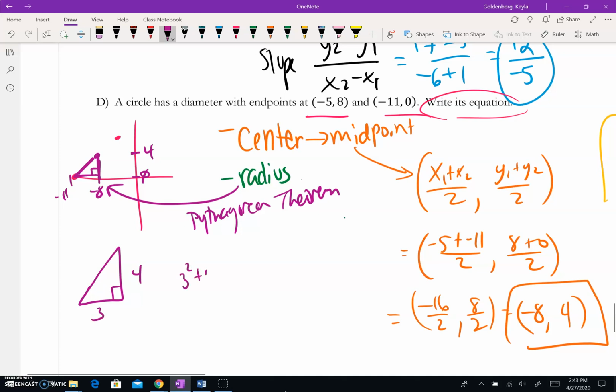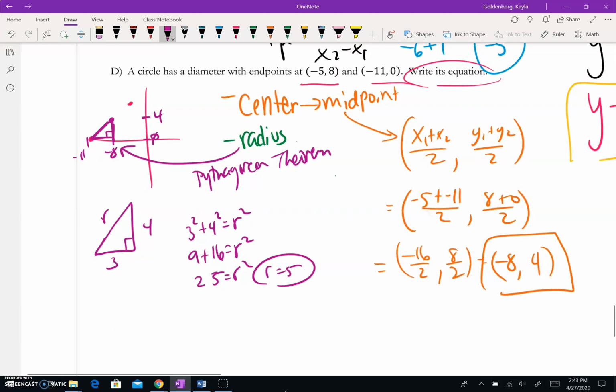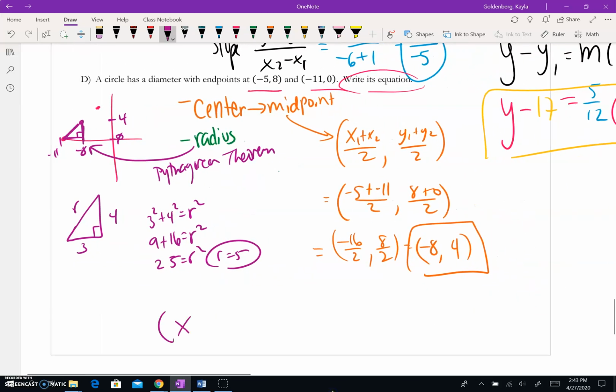So if I do 3 squared plus 4 squared equals r squared, because that's your radius, right? I'm going to get 9 plus 16 equals radius squared, which tells me my radius is 5. Okay, so from here, if I want my equation, remember you've got x minus x coordinate squared plus y minus the y coordinate squared equals radius squared.